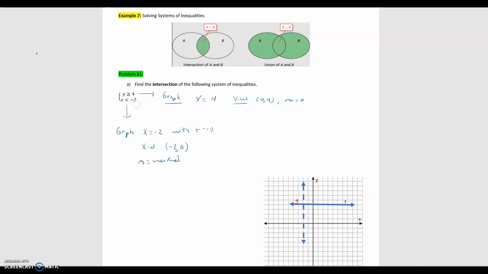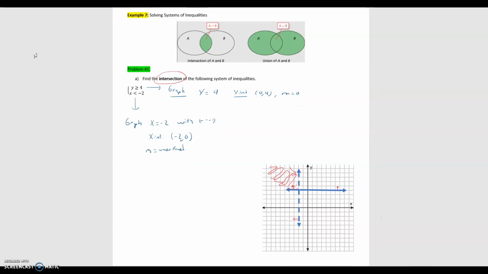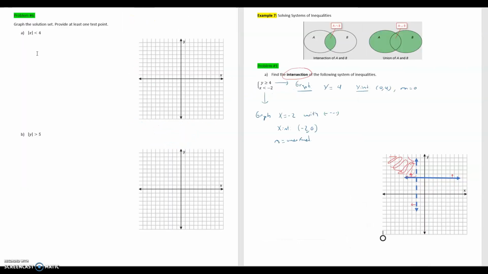The second one is less than -2, so technically every value to the left. For the intersection, we're looking at all the solutions that happen to be shared, so in your intersection, it's just going to have this quadrant shaded. That's it for this one.